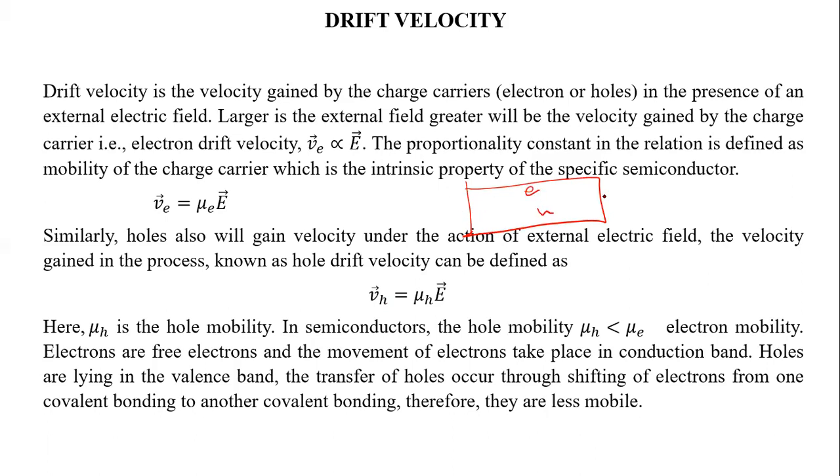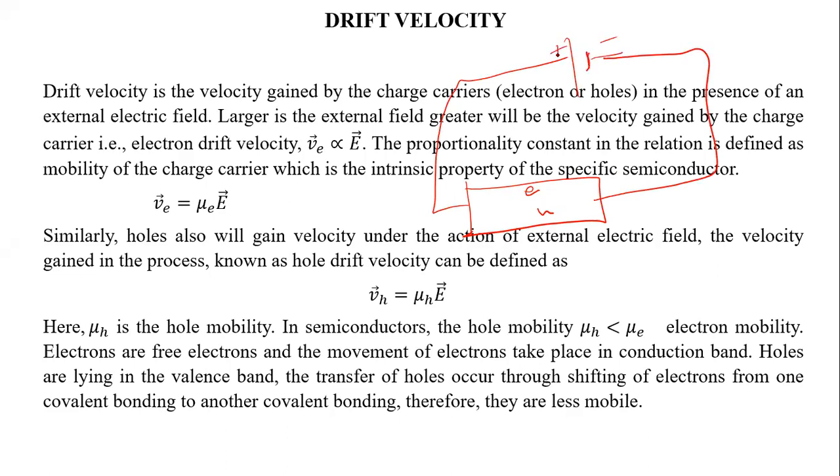Without any external field, these electrons and holes will have a random thermal motion, as I said before. They will move randomly in any direction, and because of that randomness in direction, you don't have any net transfer of charge and no electrical current without any external field.